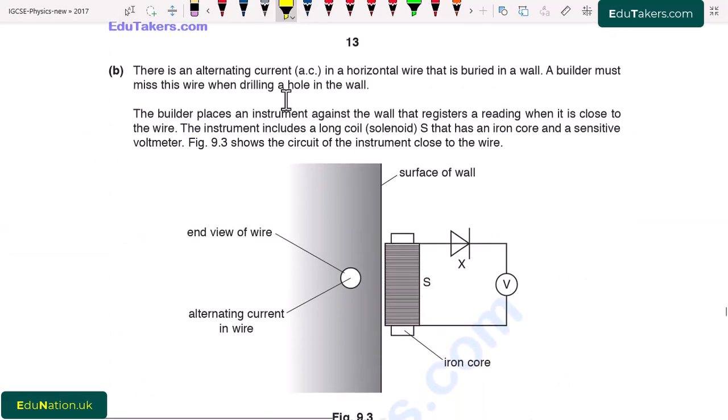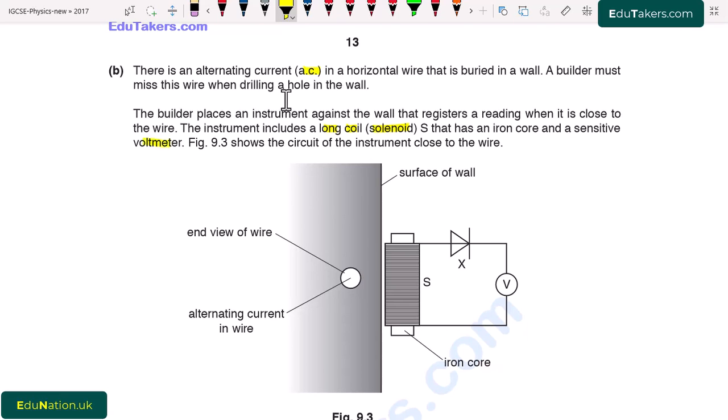Going towards the next part. Part B. There is an alternating current AC in a horizontal wire that is buried in a wall. A builder must miss this wire when drilling a hole in the wall. The builder places an instrument against the wall that registers a reading when it is close to the wire. The instruments include a long coil, which is solenoid S, that has an iron core and a sensitive voltmeter.